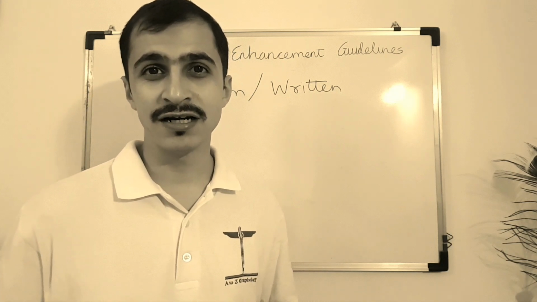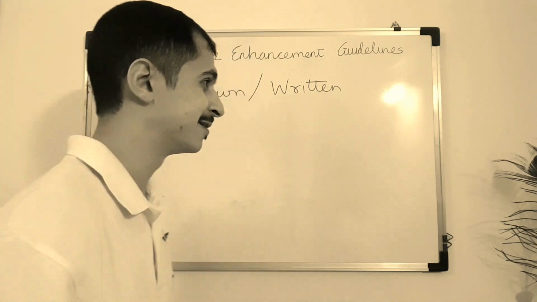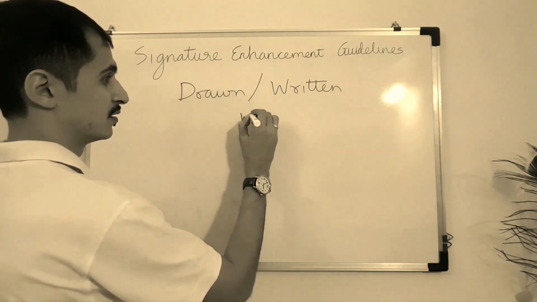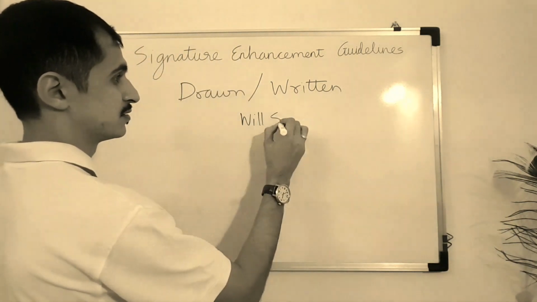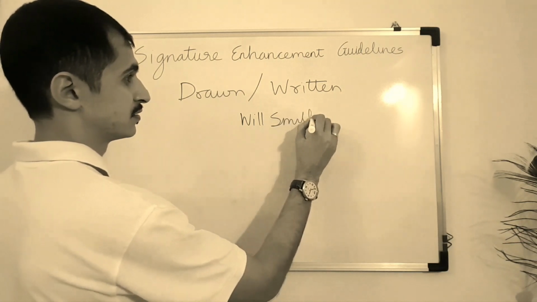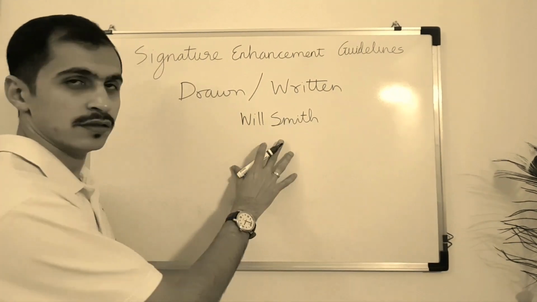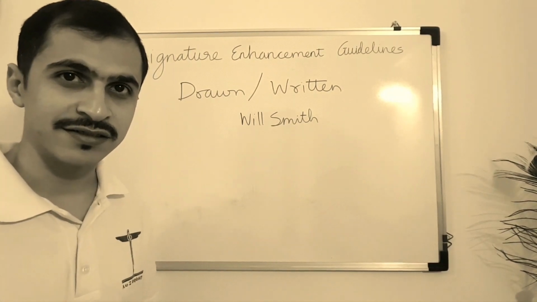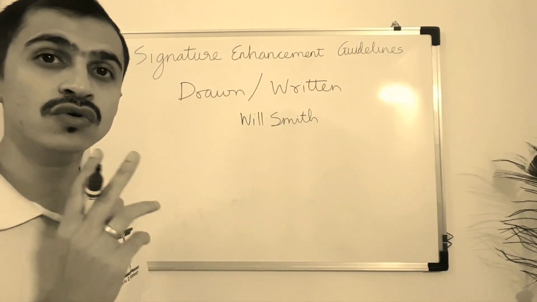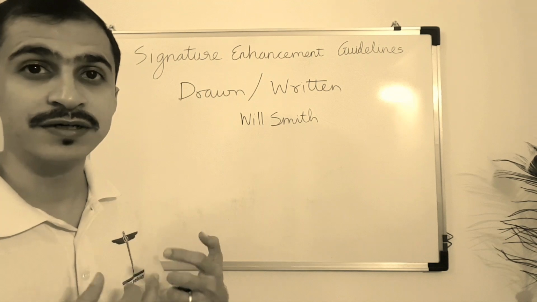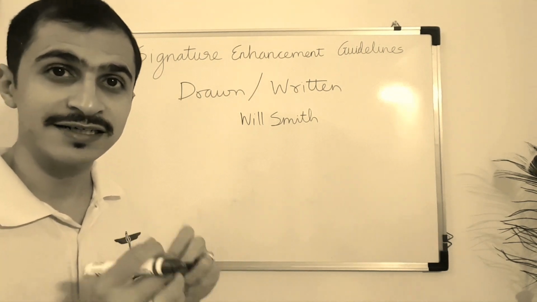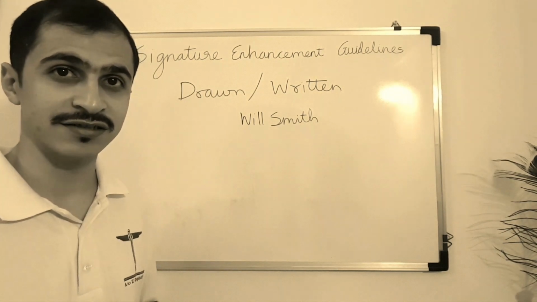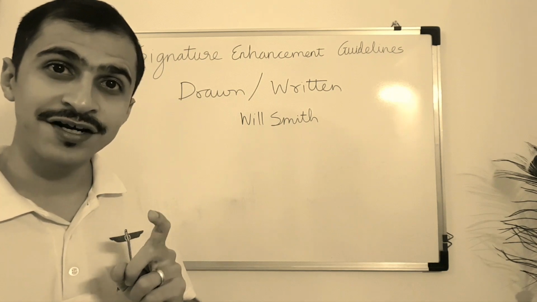Let's take for example a person named Will Smith. A person named Will Smith wants to sign his signature. There are first two criteria in the way a person would approach designing or redesigning the signature. Is he going to draw it or write it?